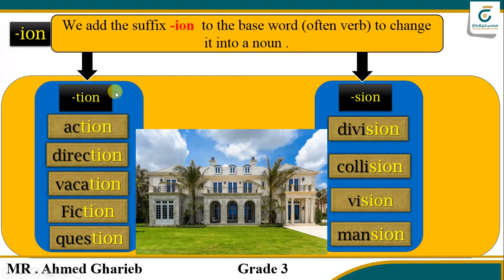So again, ion comes after t or s. If it comes after t, it makes the sound shin and it changes the verb into a noun. Some words have tion at the end and they don't have a verb, but we say them the same way. Also they are nouns because they end in tion. Other words ending in sion make the sound zhn, like division, collision, vision.